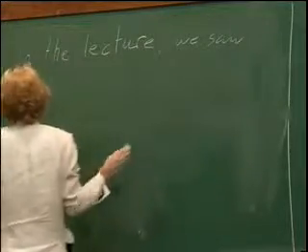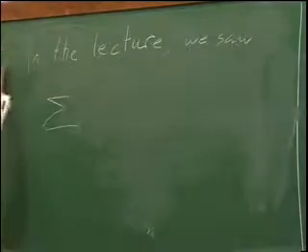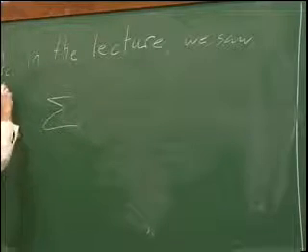So we saw that the sum, and now we're going to let Fn be percolation crossings.